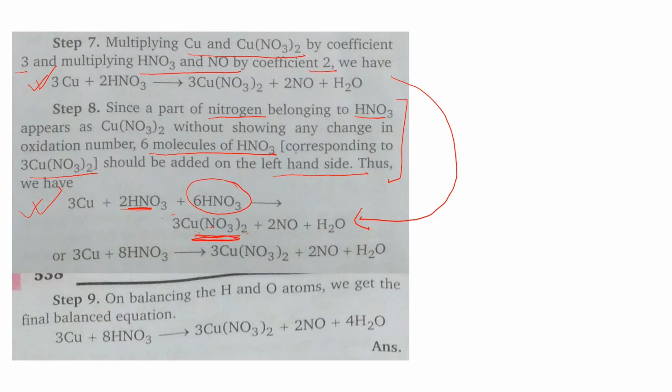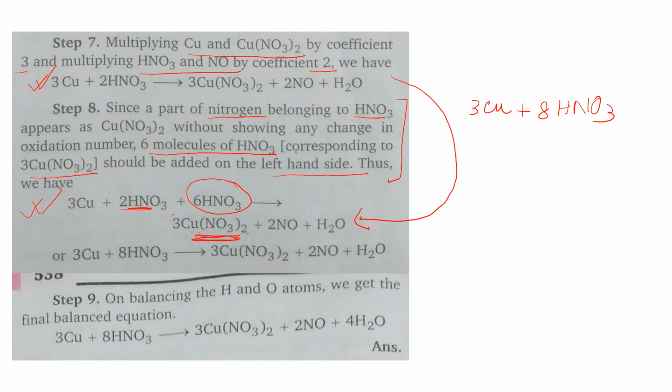By adding, I am getting 3Cu plus 2 and 6, that is 8 HNO3. Why have I added 6 HNO3? Because the Cu(NO3)2 on the right hand side is coming from HNO3 only, but there is no change in the oxidation number. That means an equal amount of nitrogen is also present on the left hand side.